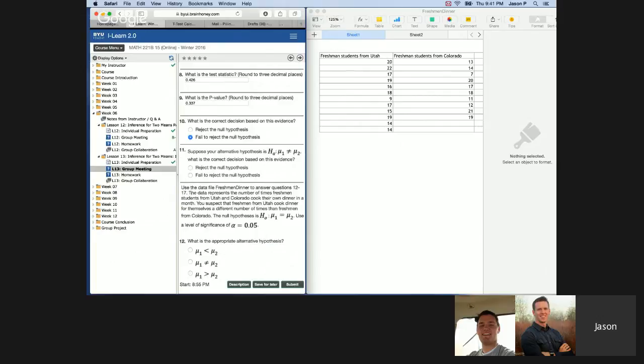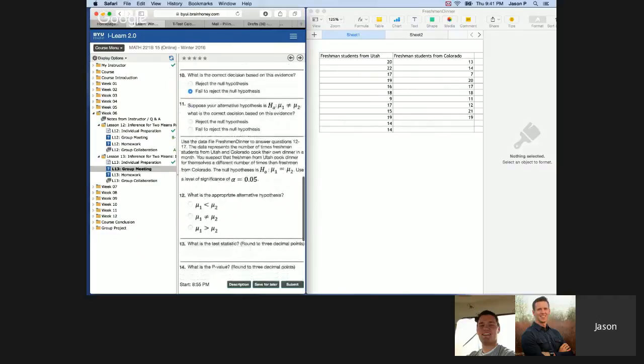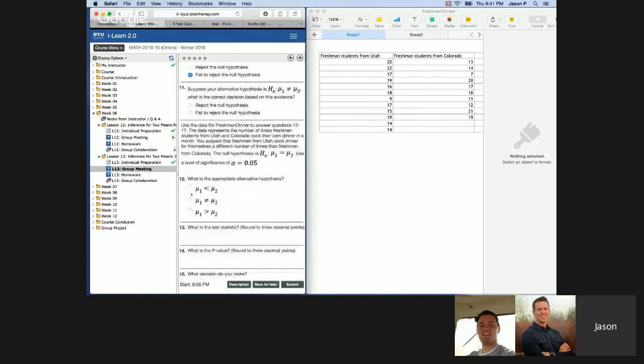Looking at it roughly, you can see that the numbers are relatively higher in Utah as well. So maybe we should put as our alternative that mu1 is greater than mu2. That makes the most sense, but it's just a hypothesis.